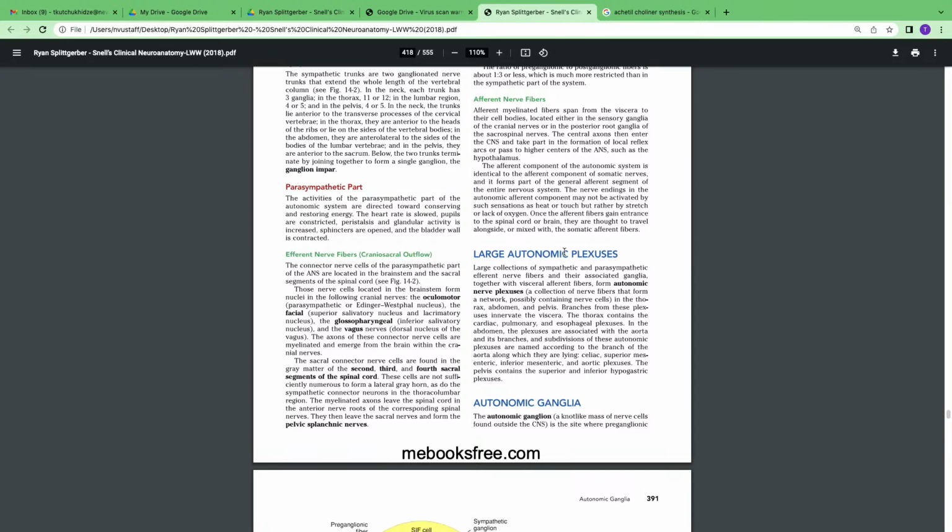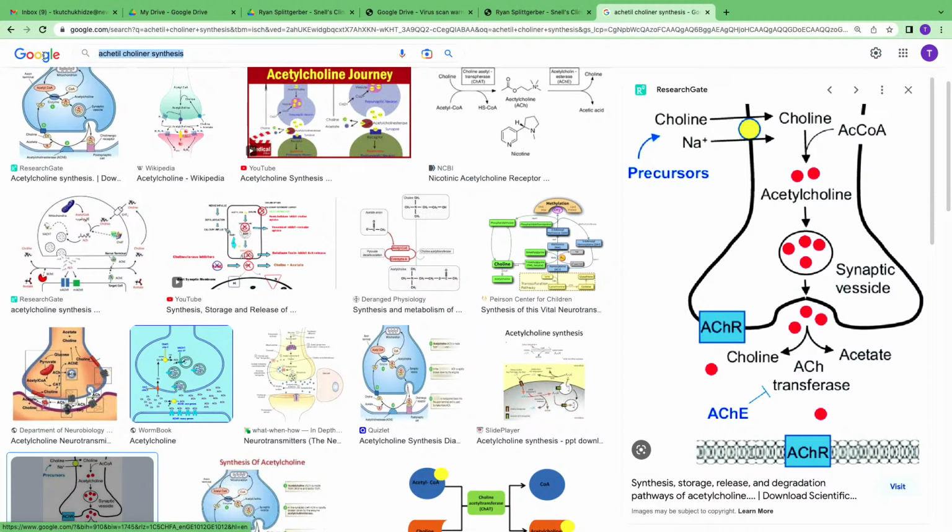So we might have celiac, the stomach plexus, or the intestine plexus, and all of them have their own ganglia, and even the ganglia are named according to the aorta branches they are located on. For example, we have the celiac plexus with the celiac ganglia, the superior mesenteric ganglia with the superior mesenteric plexus, and the inferior mesenteric and aortic plexuses. So let's see a photo of this, it would be easier for you to memorize.